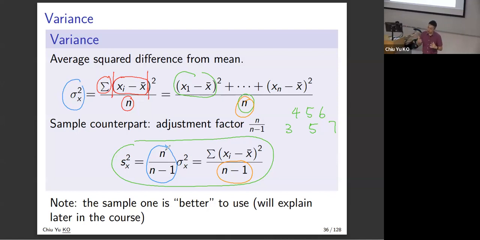Why? Remember, we are trying to measure the variance in the whole population, but we only pick something from it. We call it sampling. Then we calculate the variance and try to guess what's going on in the big picture.